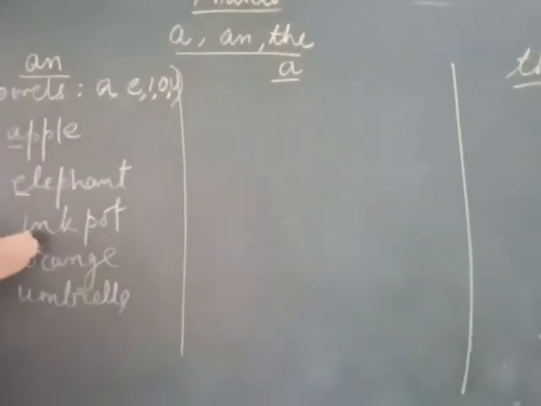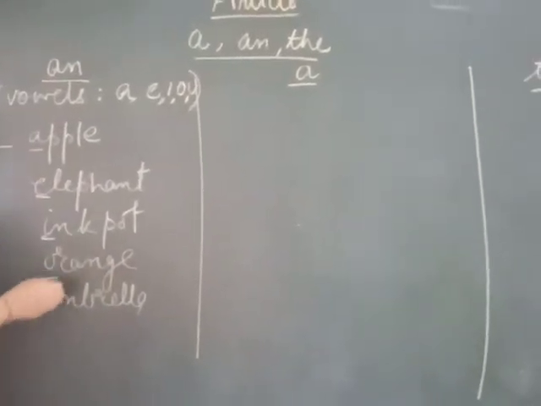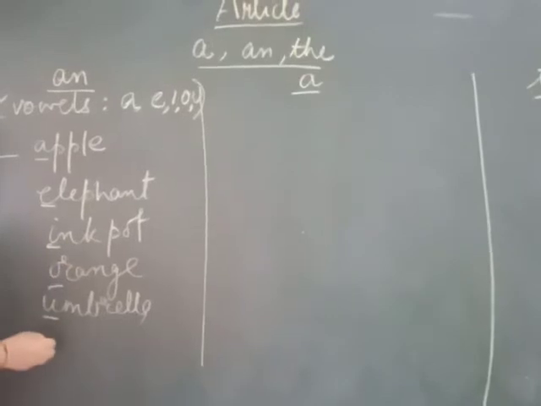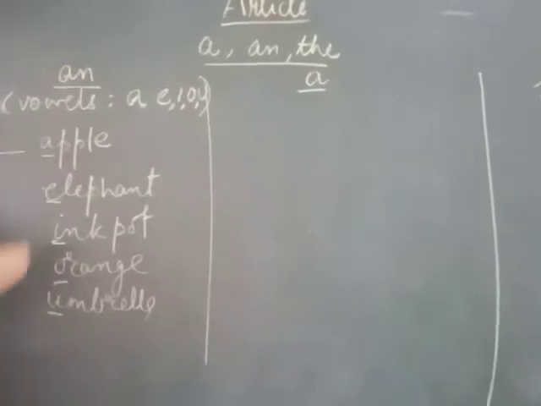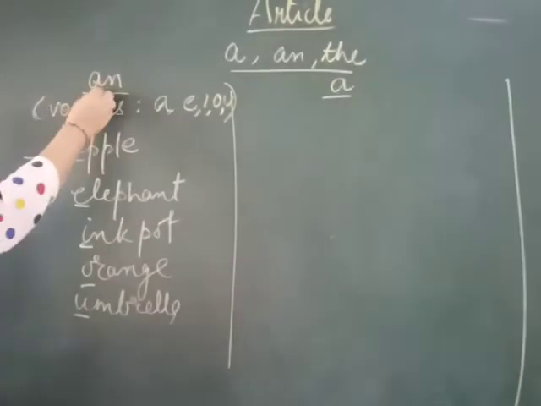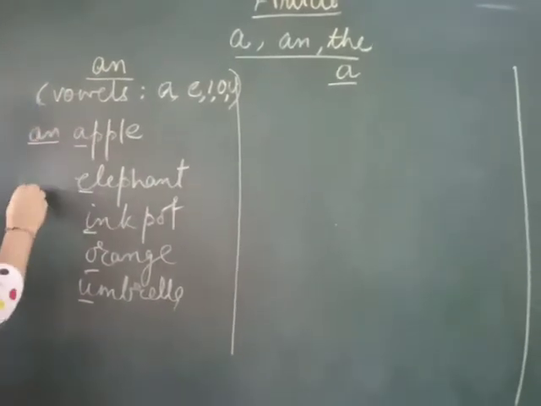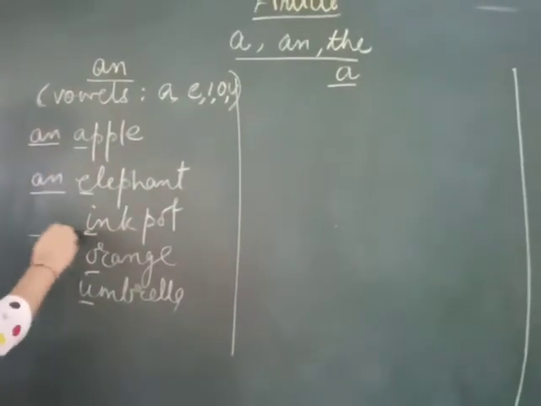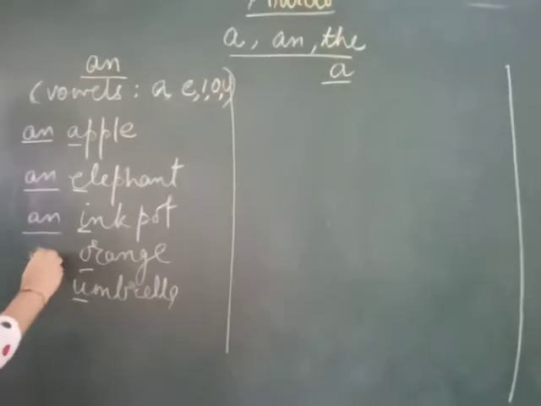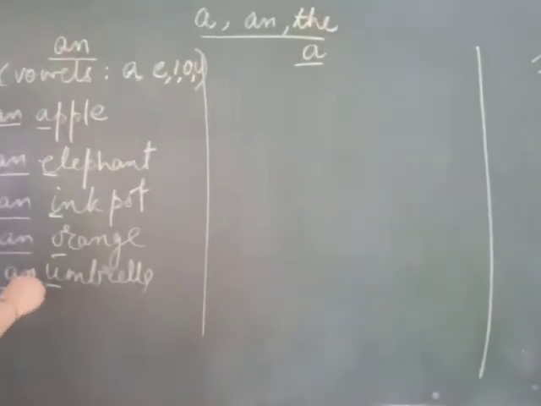These are the vowels. When the first letter is a vowel, we write what here? We write an apple, an elephant, an import, an orange, an umbrella.